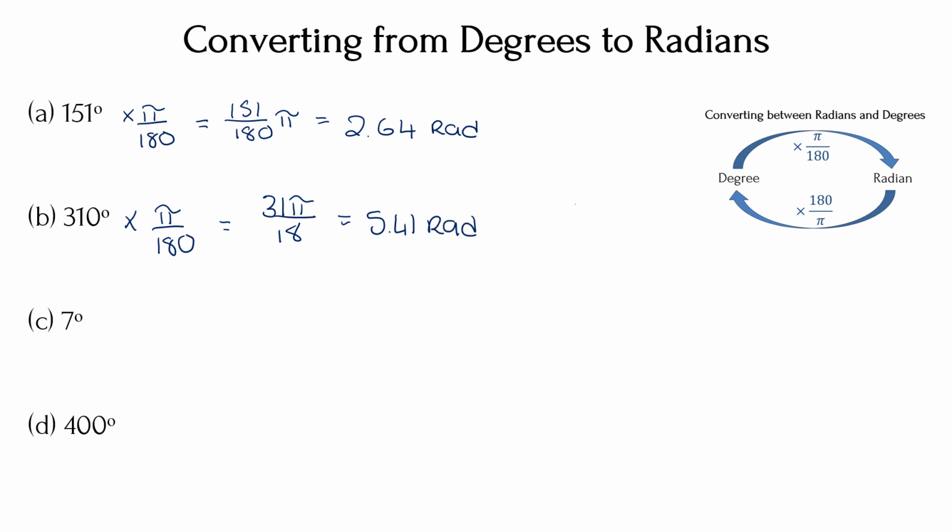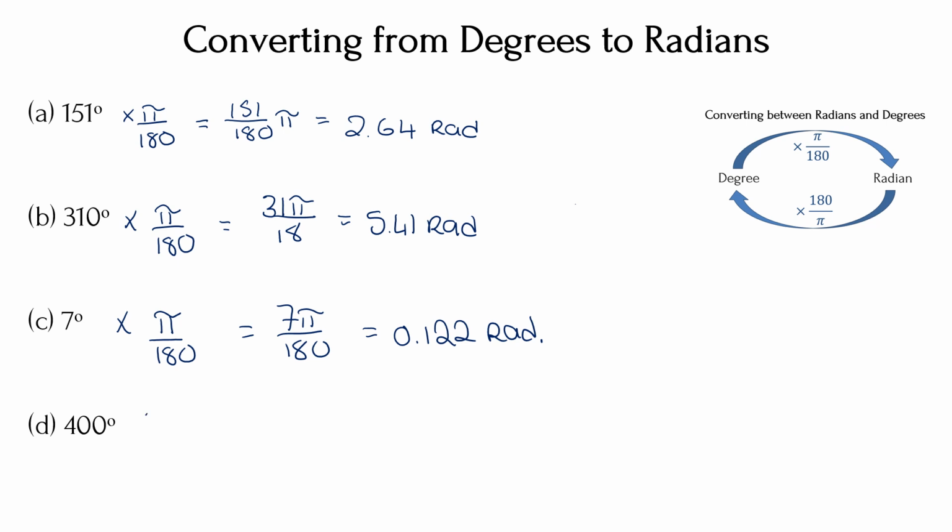So 7 degrees multiplied by pi over 180. That gives us 7 pi over 180. So 7 pi over 180, and we're going to get 0.122 radians.